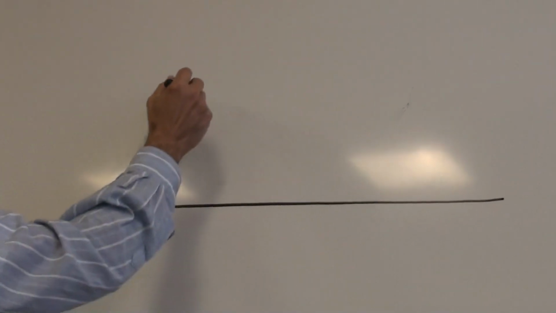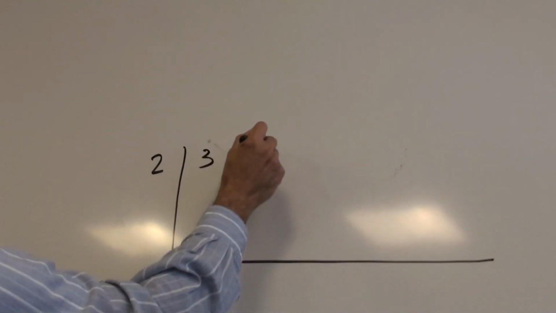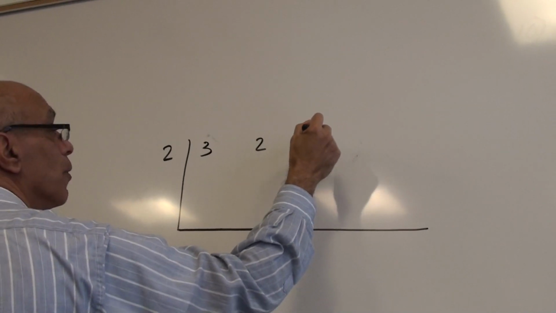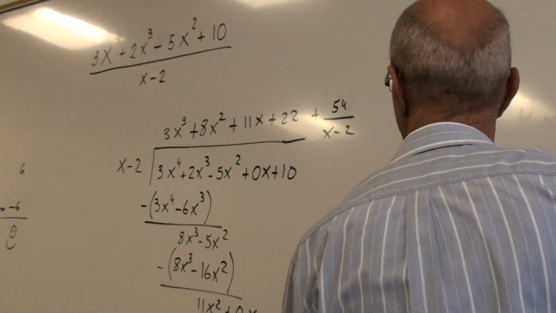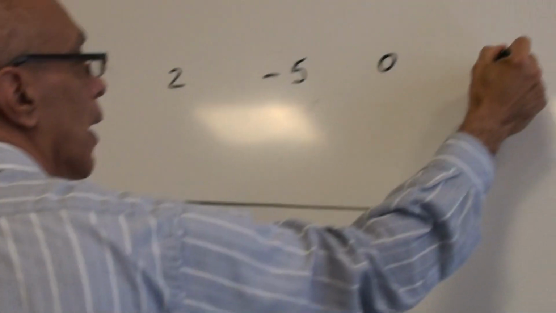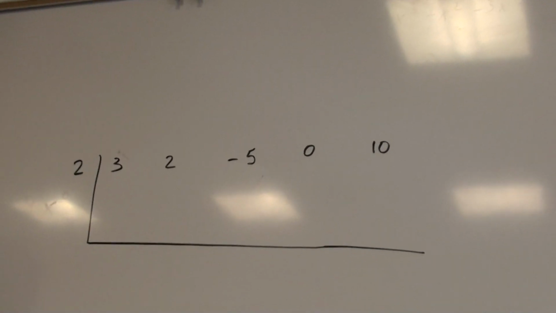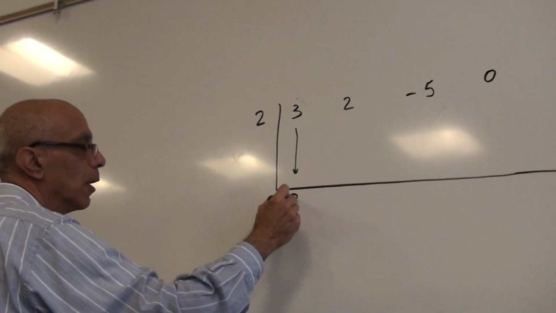So it's 3, 2, negative 5, be careful, negative 5, 0, 0, yes, and 10. Very good. So, the first thing we do is we drop 3 all the way here.